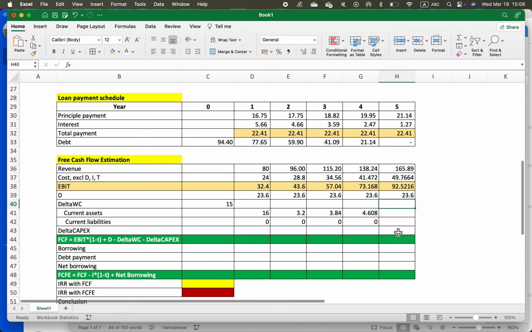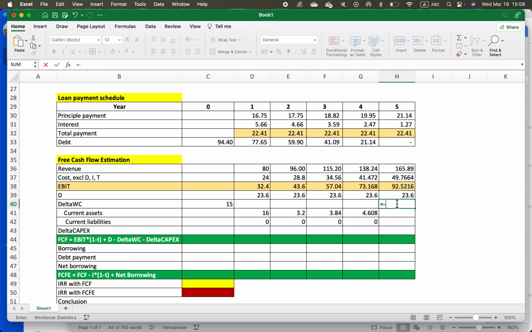So you put 15 in delta working capital in year 0, and this one should be received at year 5. So this could be minus this one, and minus what remained in year 4.